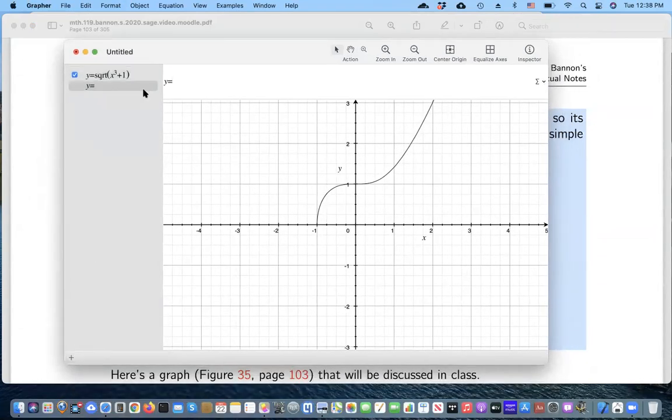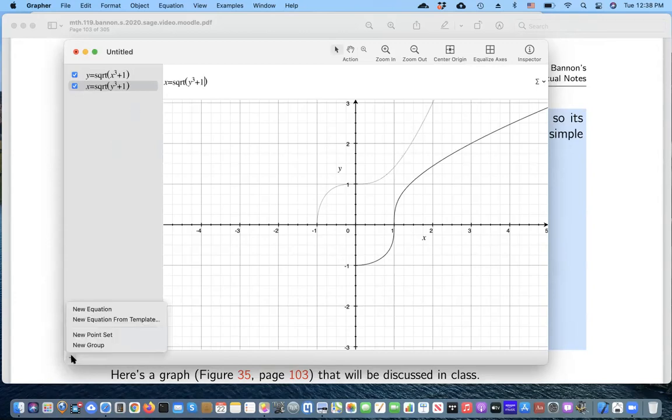New equation by just simply not typing y equals, but x equals the square root. And what are we doing? Interchanging x and y's. So it's going to be y cubed. And you should note right away how much easier this is to use. And I see it. I'm going to put one other graph in, new equation, and it's going to be the line y equals x, just like we did before, by the way.